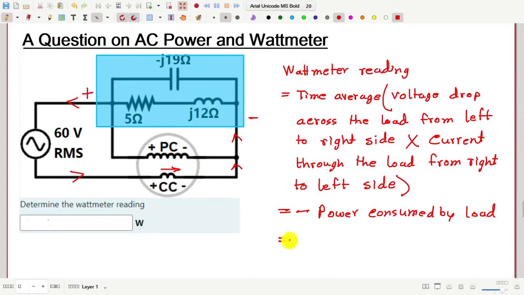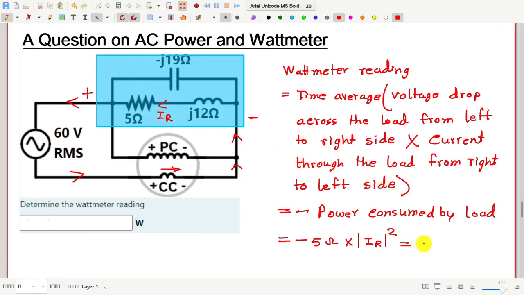So this will be equal to minus of 5 ohm multiplied by the square of the current through the resistor. So if I call that current as IR, okay, so IR square multiplied by 5 ohm, that will be the power consumed by this load.